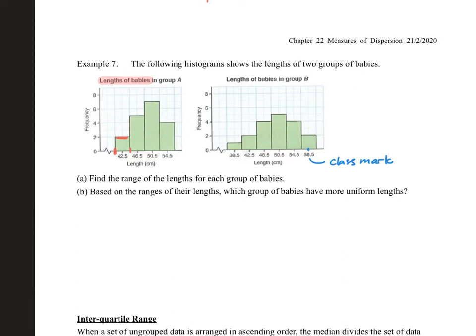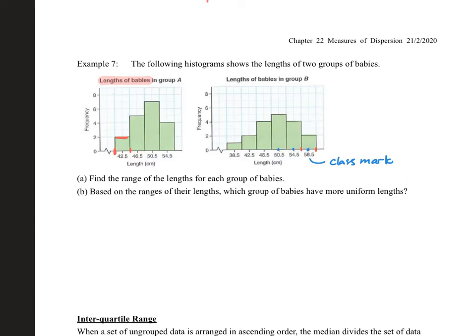So in each bar there is a representing value: 58.5, 54.5, 50.5, etc. They are called class marks. This class mark is obtained from the average of two values, which are called the boundaries. You see there are two red values here representing the start and the end of each bar.